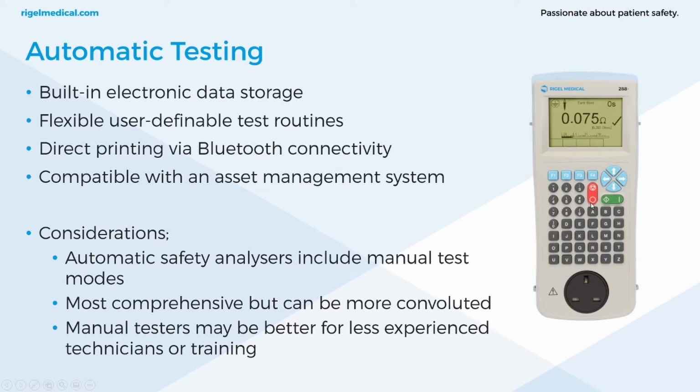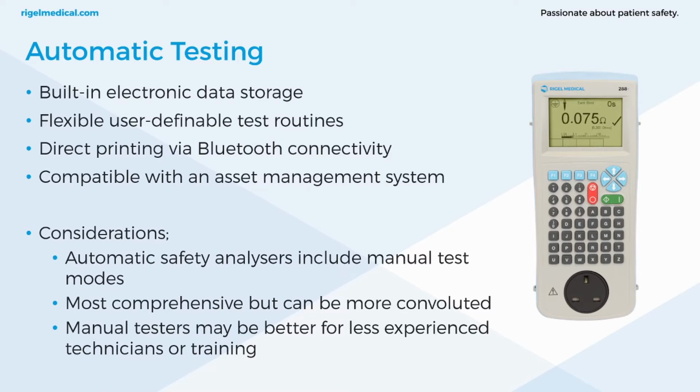For the Rigel range, we have Rigel Medibase, which downloads your results and you can produce reports. But it's also capable of just outputting CSVs from the device itself, so CSV or TXT files with the listed results to the asset IDs, and then it can be integrated into the asset management system as you wish.